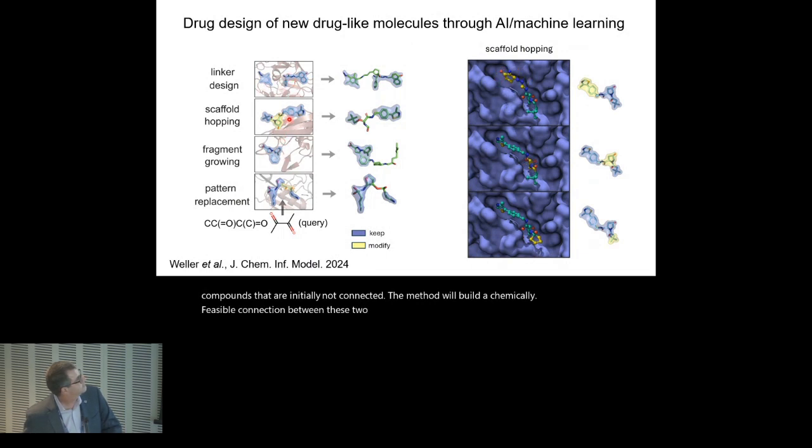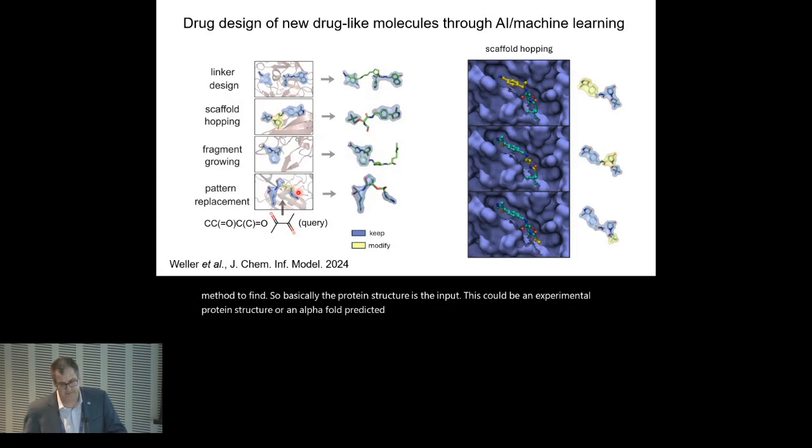We can do something that we call scaffold hopping, where we change the linker between two chemical moieties of a drug. We can grow the drug, which we call fragment growing, or replace patterns in any way that we define or that we want this AI method to find. So basically, the protein structure is the input. This could be an experimental protein structure or an AlphaFold predicted structure.